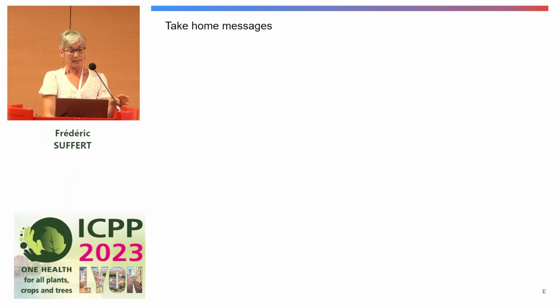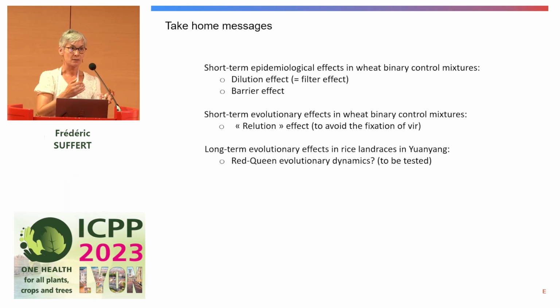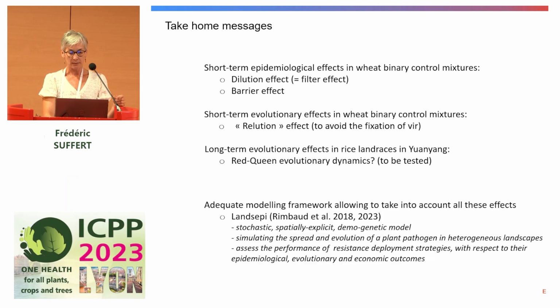So our take-home message is that in both our case studies, we were able to highlight these different mechanisms. Our idea now, in the project in which we are collaborating, is to use an adequate modeling framework that allows us to see how these different mechanisms can be related to each other.